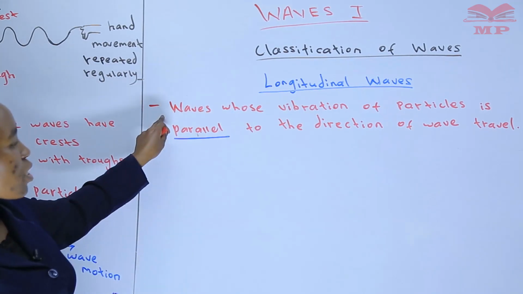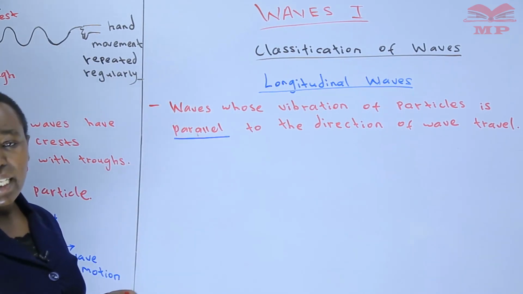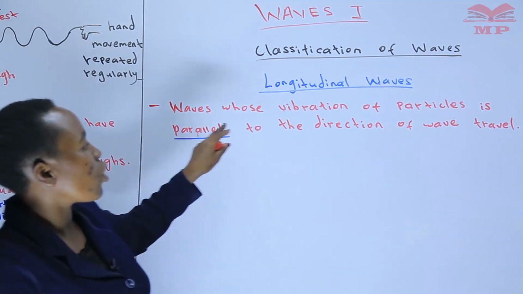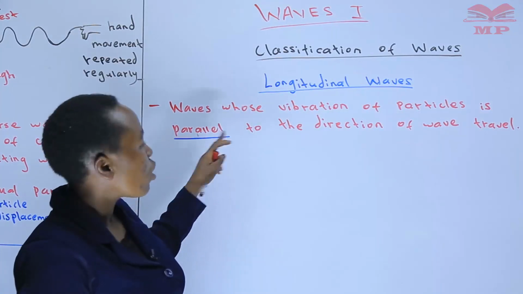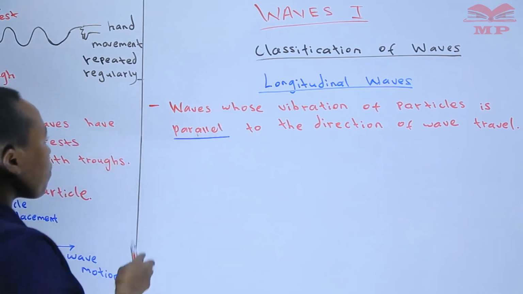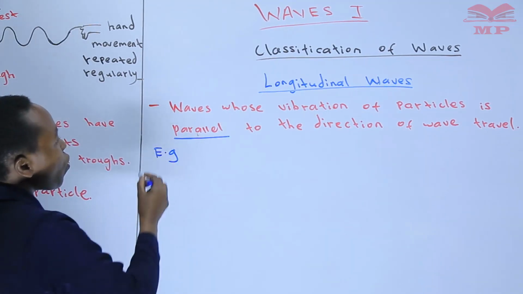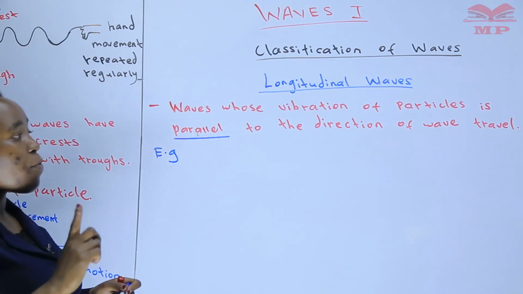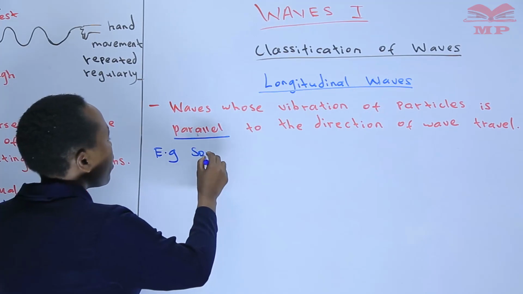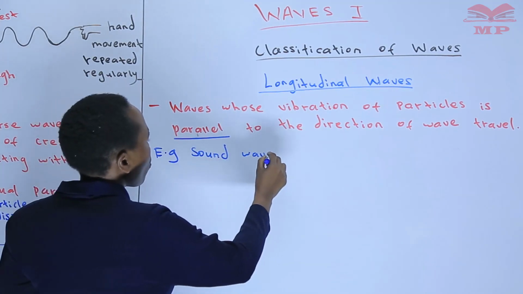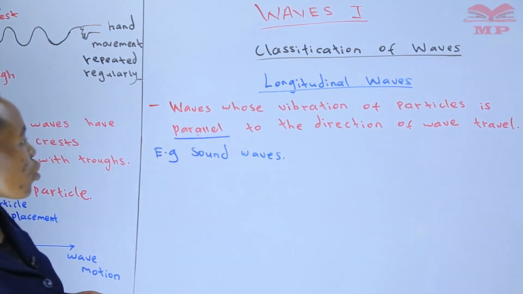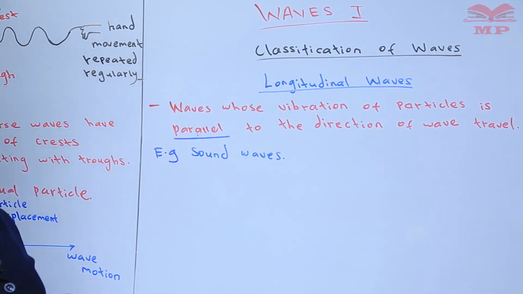So you can see the difference between longitudinal and transverse waves is the direction. For longitudinal waves, the vibration of particles is parallel to the direction of wave travel. An example of a longitudinal wave, we have one, maybe you can research for others, is the sound waves.